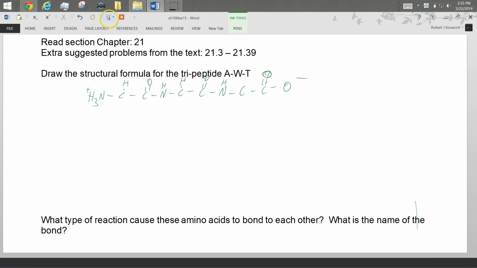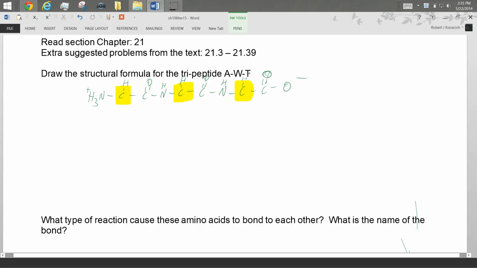I'm sorry, so we're talking about those guys, do they need another H? Why don't I have anything in those spots? Why are there only 3 bonds? Those are the side chains that identify it as A, W, and T.